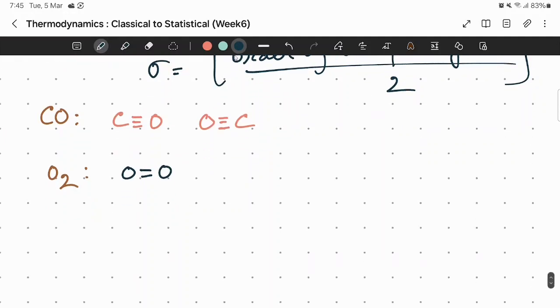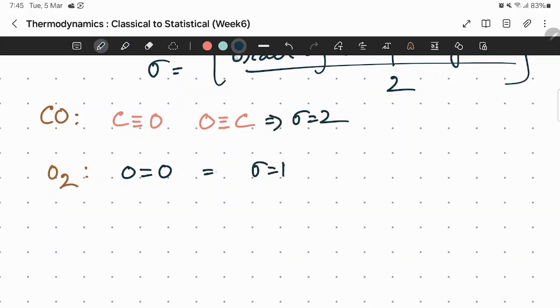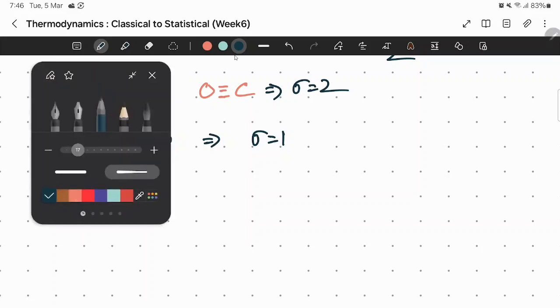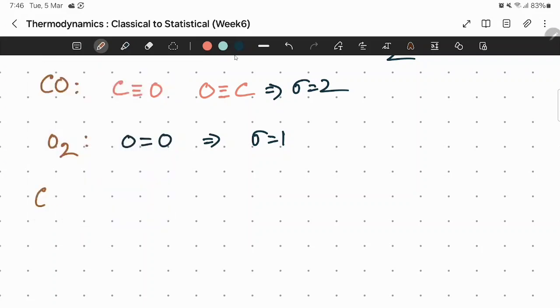For O2, it will be 1. So for a diatomic molecule, if it is homonuclear, like O2, H2, N2, then sigma will be 1. For a heteronuclear diatomic molecule, it will be 2. But it is coming from the point group. Okay.